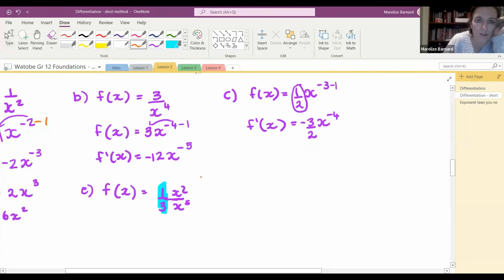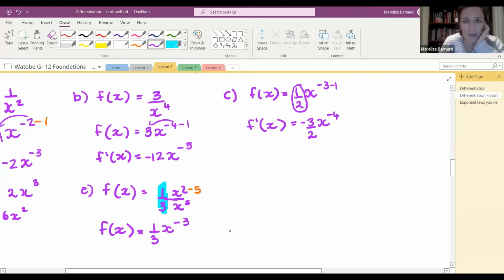So we are going to subtract a 5. The expression that you should now have, that you're going to differentiate, is a third x to the power of minus 3. Okay, so check now that your expression that you're differentiating is that, and then differentiate.